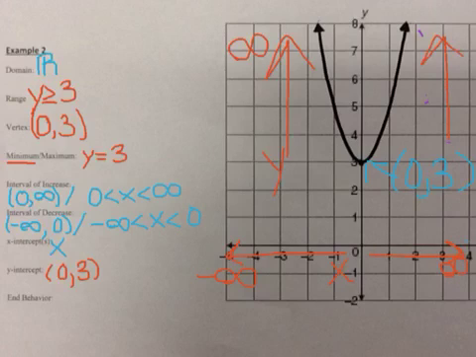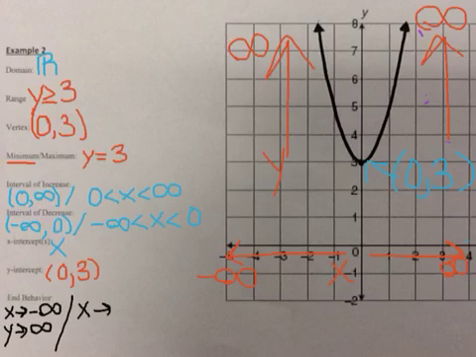Y is still going up to positive infinity. Okay. So let's write our end behavior. As x approaches negative infinity, y approaches infinity. As x approaches positive infinity, y approaches infinity.